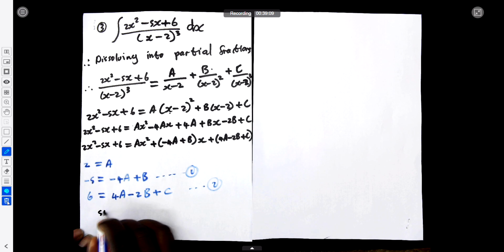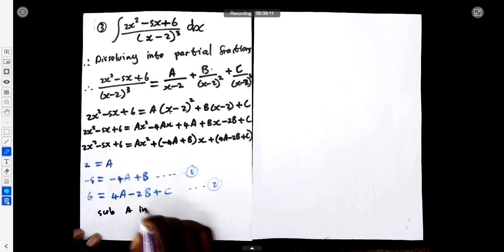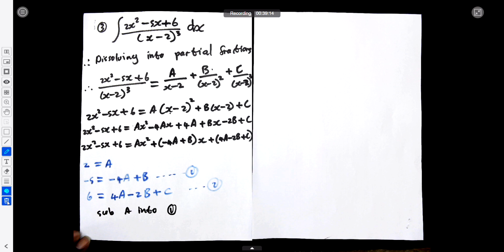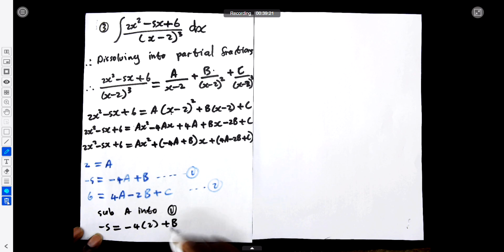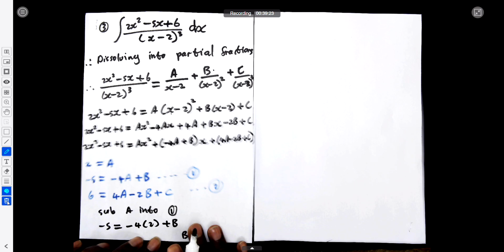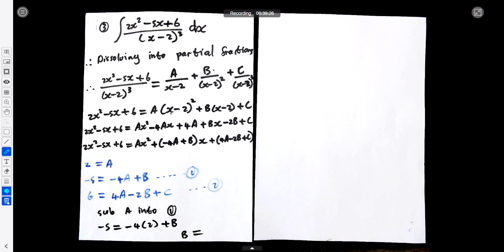We are going to substitute A into equation 1. So into 1 we'll say minus 5 is equal to minus 4, A is 2, therefore plus B. Then B will yield a value. We have negative 8, take negative 8 to the right hand side, it will be positive 8. So 8 plus minus 5, that is 3. So B is equal to 3.